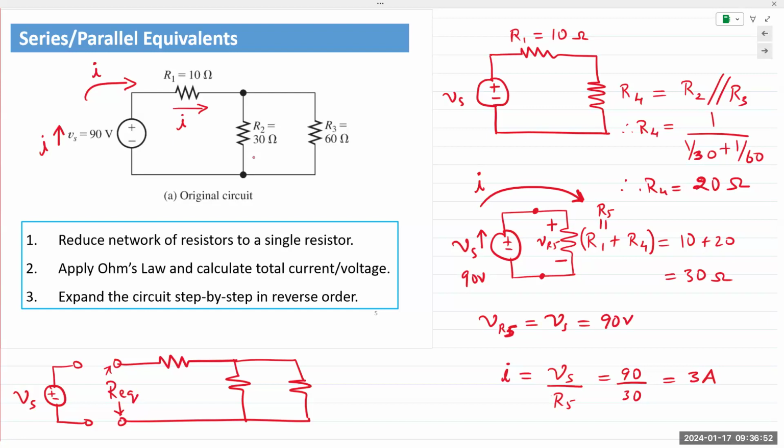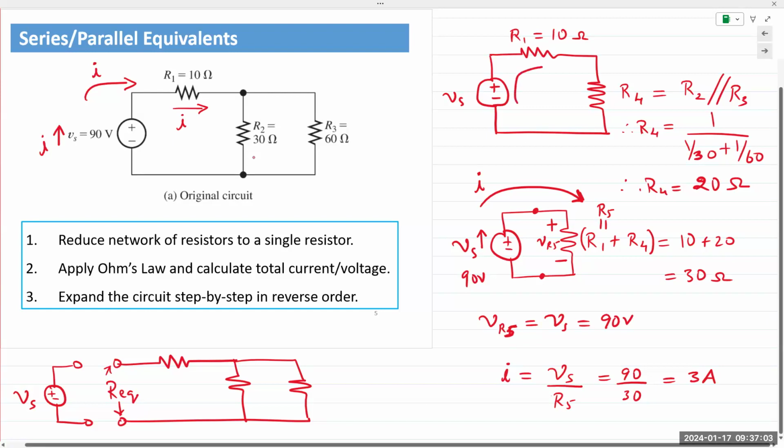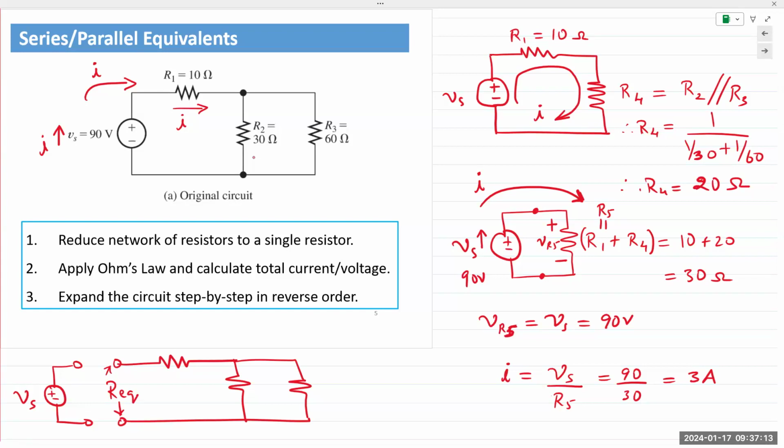So now we expand the circuit back up again in the reverse order. I is flowing through Vs, it's flowing through R1, and it is flowing through R4, which is the parallel combination of R2 and R3.